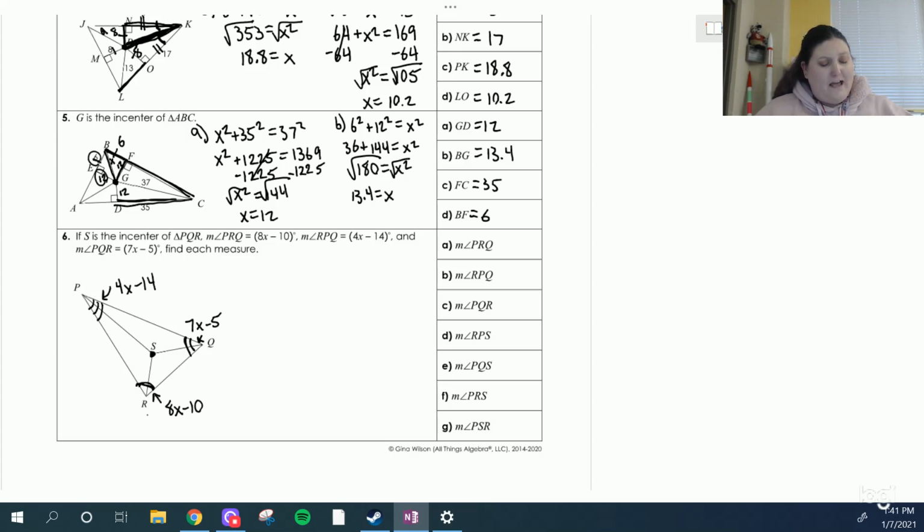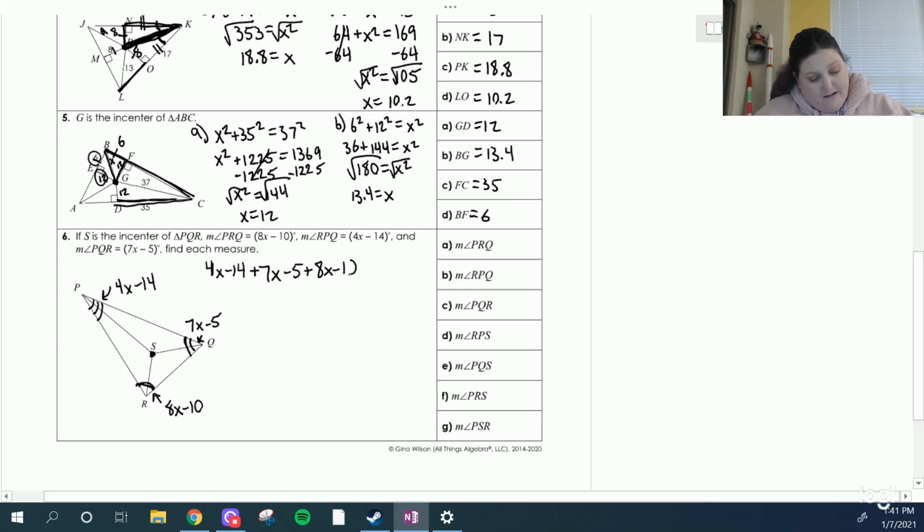So the three angles inside of a triangle are equal to 180 degrees. So I have 4x minus 14 plus 7x minus 5 plus 8x minus 10 is equal to 180. So I'm going to combine my like terms. So 4x plus 7x plus 8x is 19x.